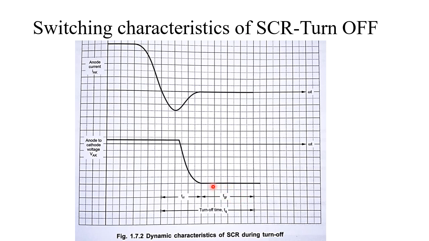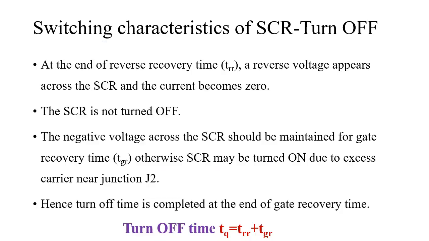If it is not maintained in the negative voltage, it may turn on at any time. So at the end of gate recovery time, the SCR is completely turned off. So this is the explanation for the switching characteristics of SCR during turn-off process.